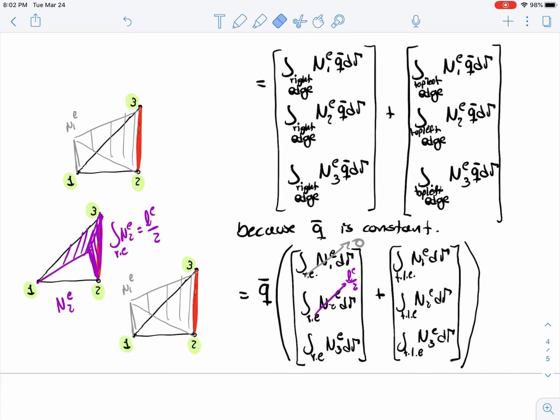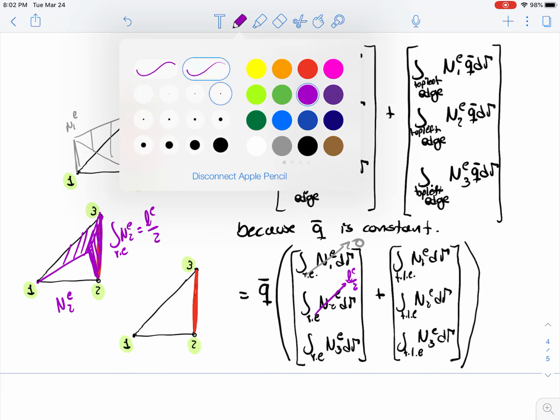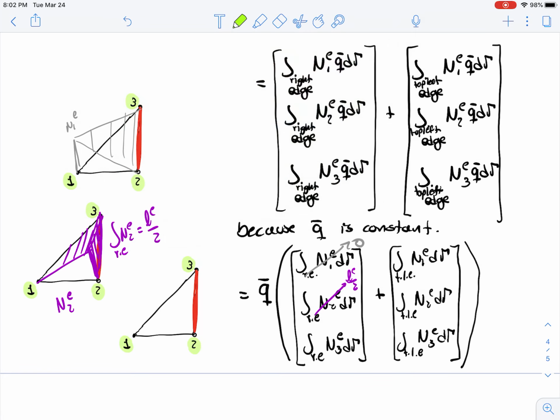And finally, for N3, N3 is 1 at node 3 and then goes to 0 at the other 2 nodes. In particular, I'm interested in this triangle right here, because I'm interested just in the integral over this edge.